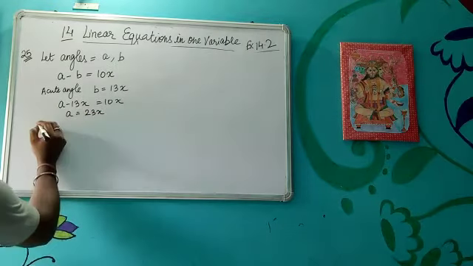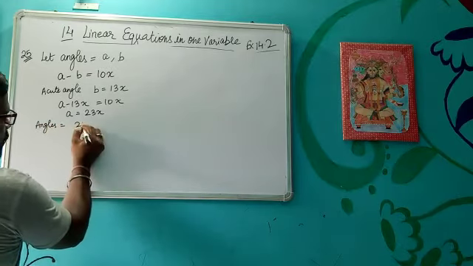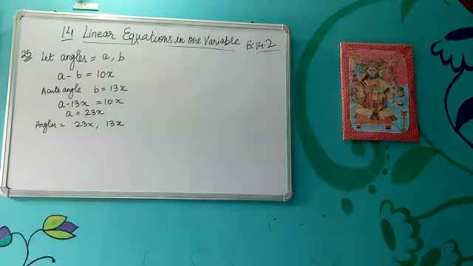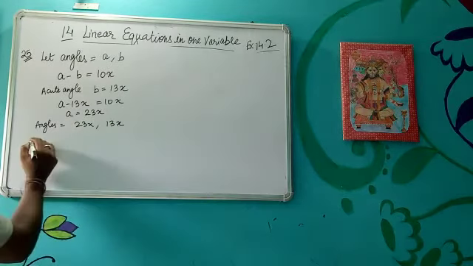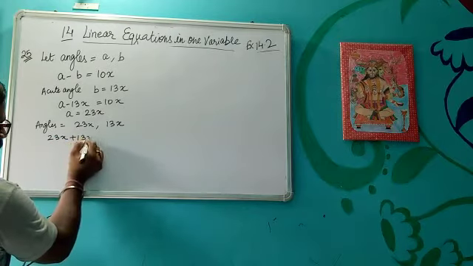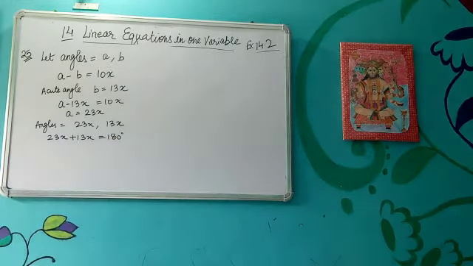So what are my angles? Angles will be 23x and 13x. So these are my two angles. Now what we know? 23x plus 13x equal to 180 degree.